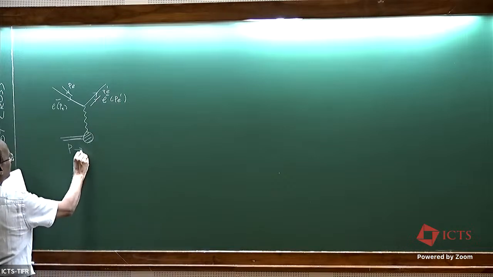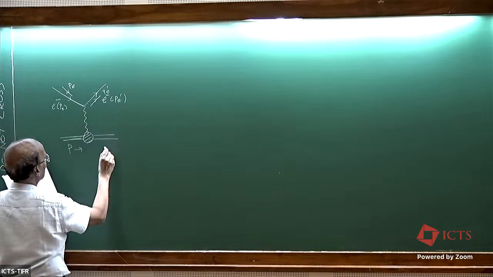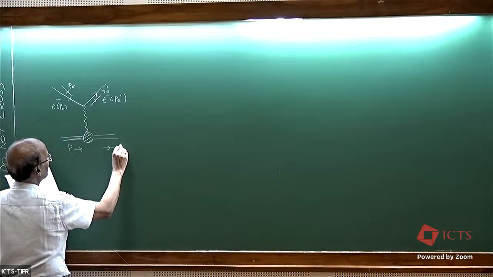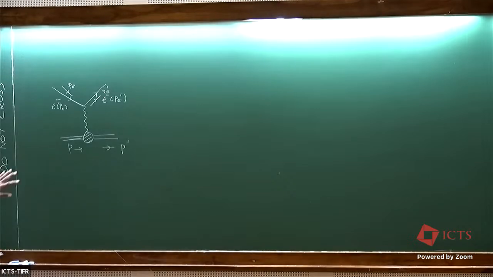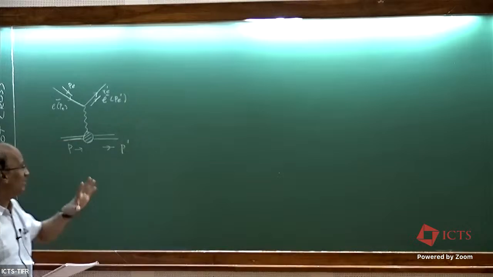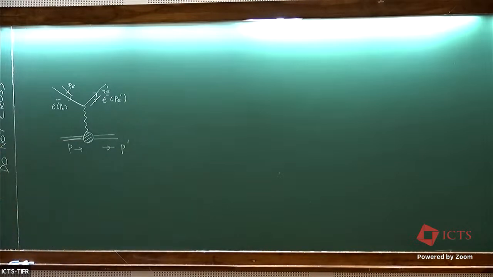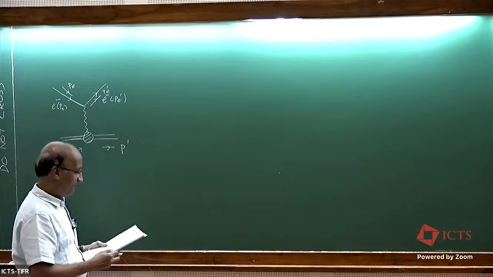Because it's elastic scattering, it goes to the same proton with momentum P prime. This is a typical Feynman diagram for scattering of this kind. I wanted to look at what this experiment is going to tell.